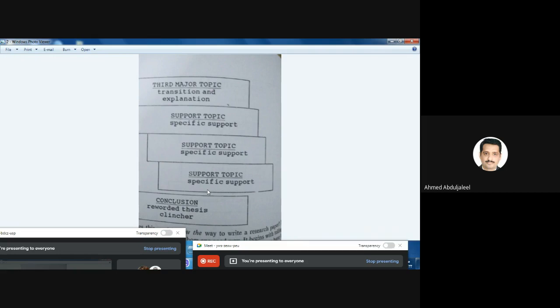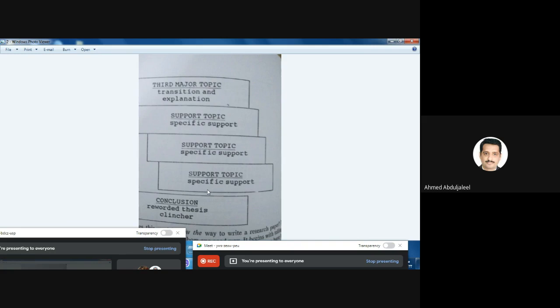So what I need you to consider is that regardless of the titles that we have, there is some sort of inclusion of the material, or the nature of the material that we are going to include in each part. So let us consider what we have in the introduction. Follow me on page 70.